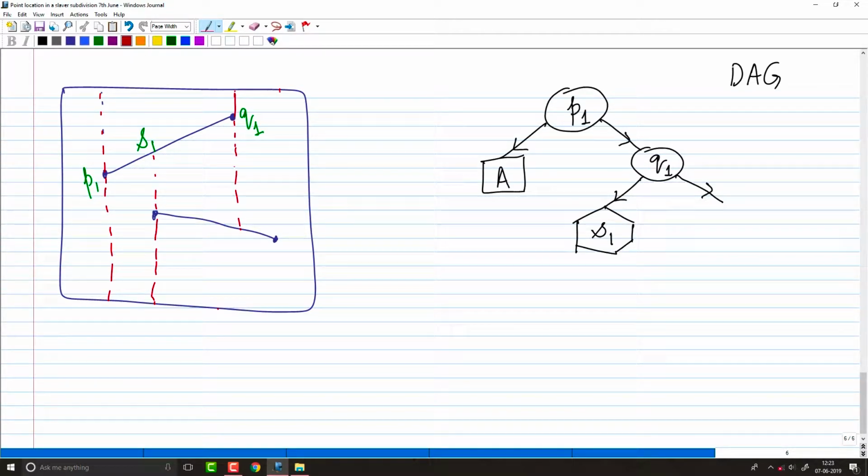Now, see, earlier this line through Q1 was full. When this new S2 comes, you need to trim this line, no? Okay.